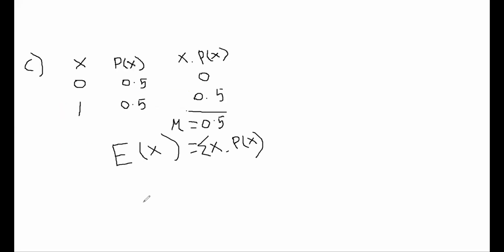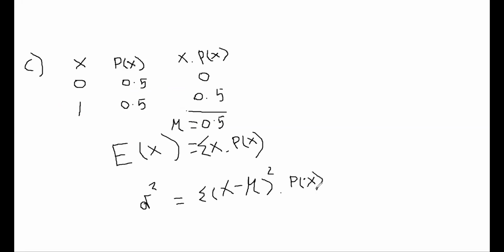Before I start, I would like to remind you the formula of variance. The formula for variance was summation of x minus mu whole square times probability of x.